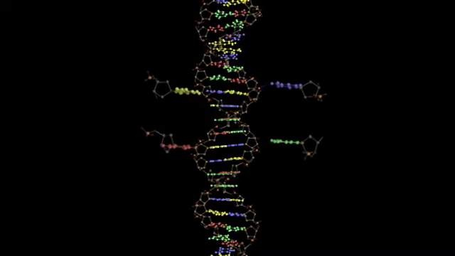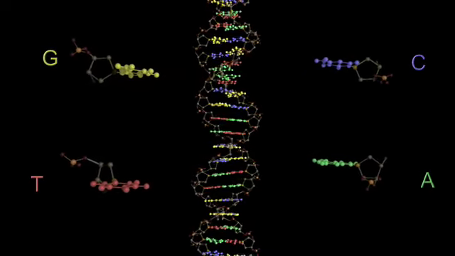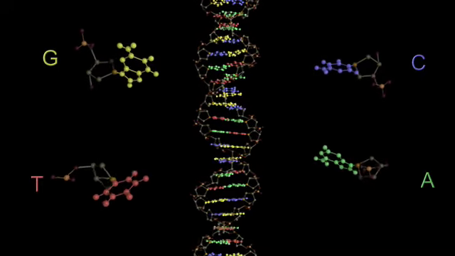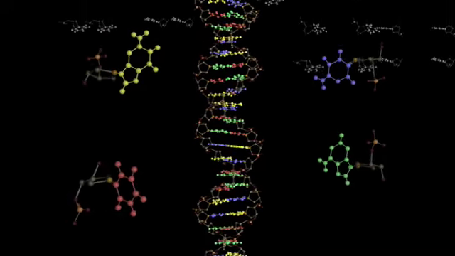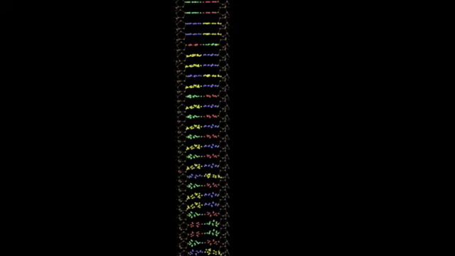All life uses the same 4 molecules: adenine, cytosine, thymine, guanine, in the DNA ladder, although there are more than 100 that could be used. All life bases its replication on the duplication of the DNA molecule.